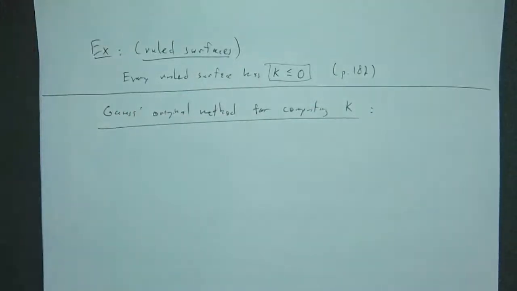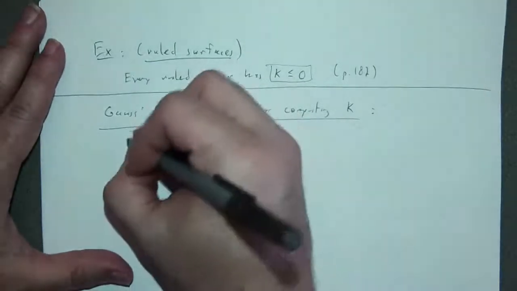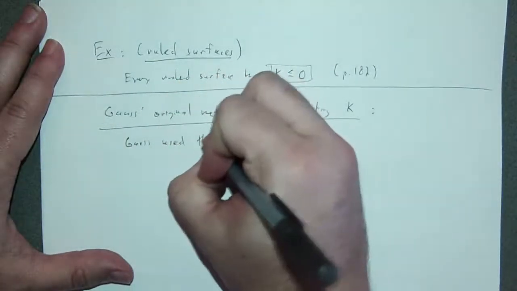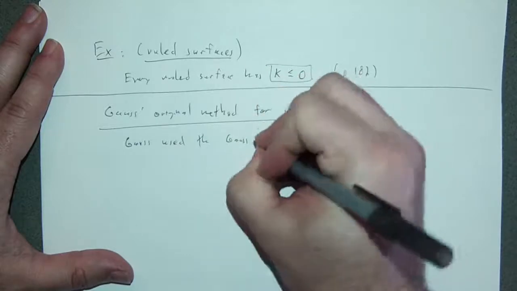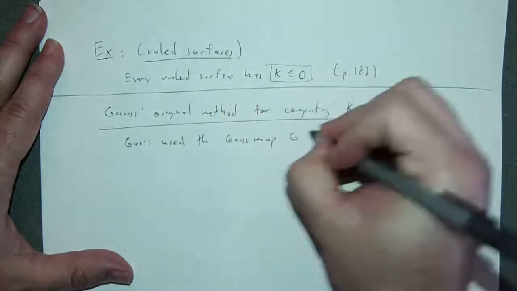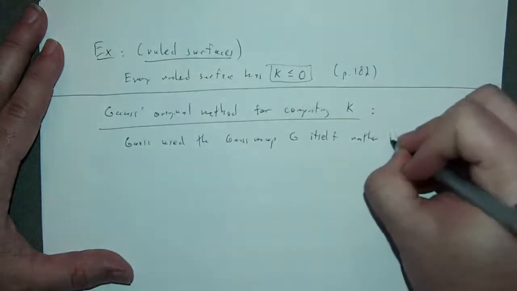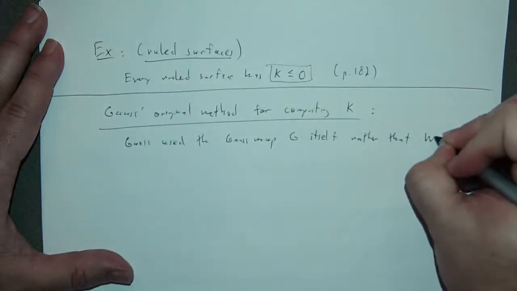He came up with a way to obtain the Gaussian curvature from the Gauss map itself rather than the Weingarten map.